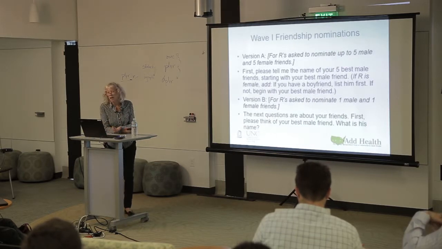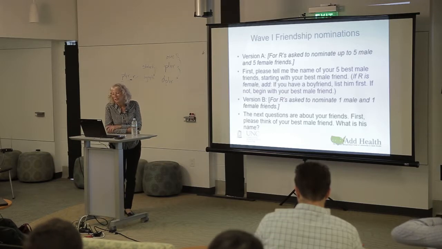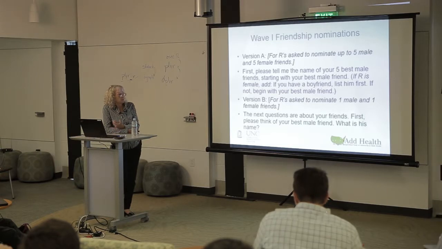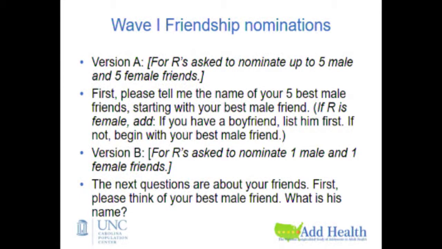So here's how we got the friendship nominations. We asked them to tell us the names of their 5 best male friends, starting with their best male friend. If we're asking a female and she has a boyfriend, we ask her to list him first. And then, of course, that reverses when we're asking males.